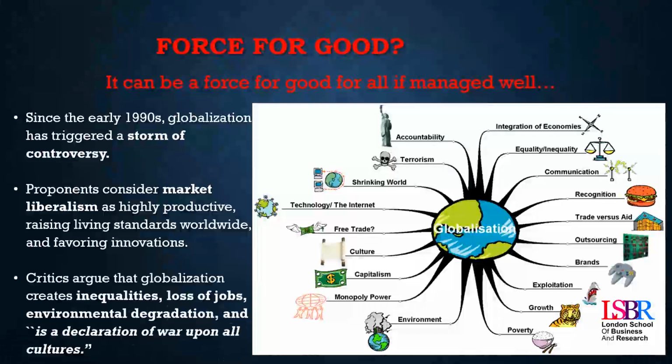However, critics, or people that are against globalization, argue that it can help create inequalities, it can result in a loss of jobs, so jobs being transferred to low-cost countries. It can lead to what's called environmental degradation, so a negative impact on the environment, and it's a declaration of war upon all culture. So the idea that globalization is resulting in the death of national culture, the death of how individual countries had their unique properties that are being eroded.